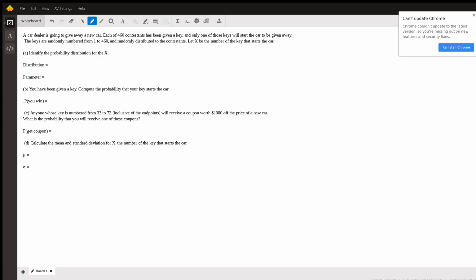This will help us for part A. So the distribution is going to be: the probability that the winner is 1 equals the probability that the winner is 2, and that's equal to every other probability, all the way through the probability that the winner is key number 460.